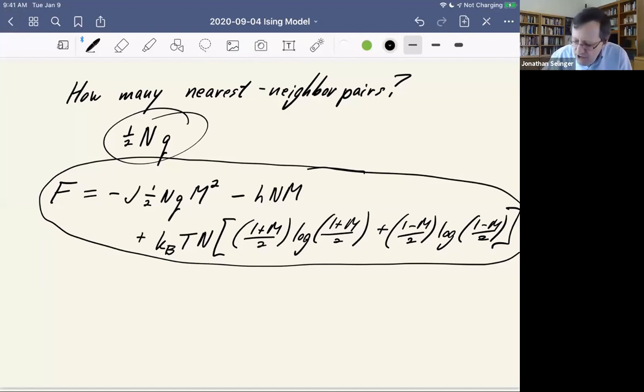Okay, so this is not exact, but this is the mean field approximation.